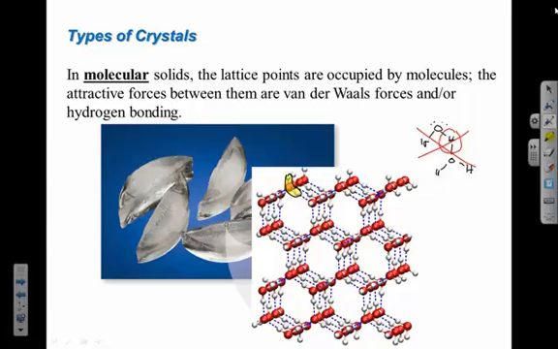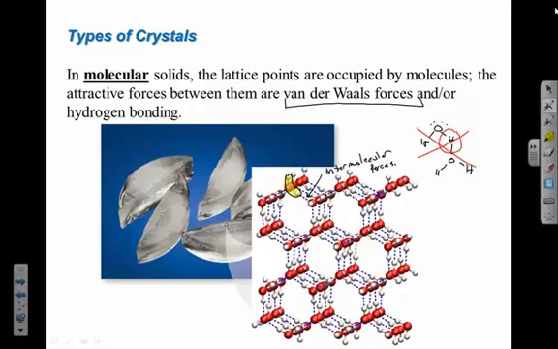So in this case, the attractions between the molecules are the van der Waals forces, London forces, dipole-dipole attractions, hydrogen bonding. So between one molecule and the next, that's what the blue lines here are meant to show, intermolecular attractions. And so intermolecular attractions are generally partial charges.